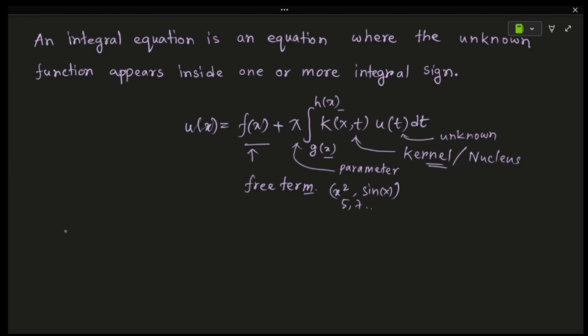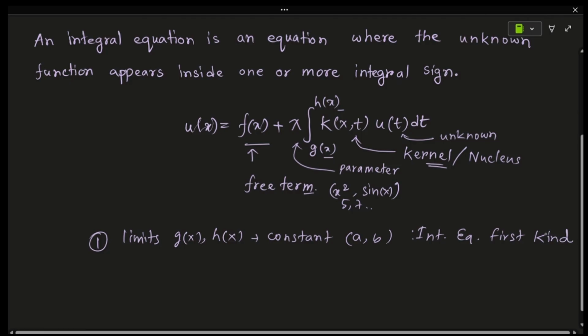So, as we said, we classify into various types. When the limits g of x and h of x are constants, like a, b, or anything, then it's called a linear integral equation. Sorry, I just introduced a new term.